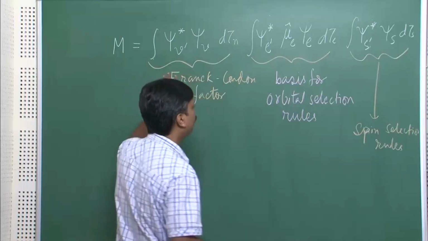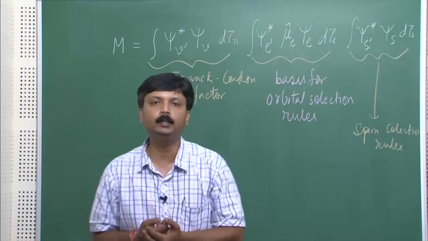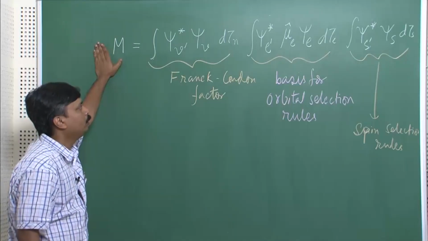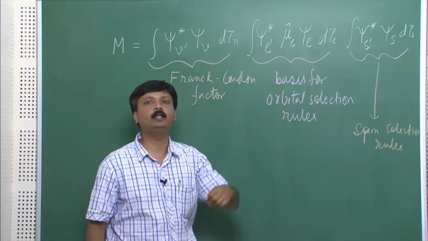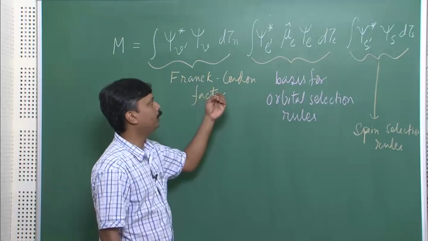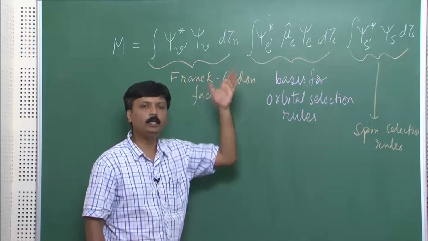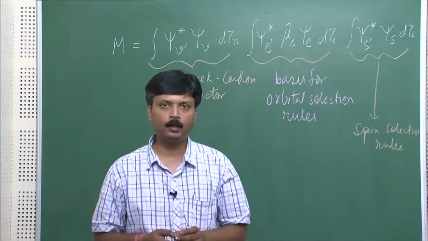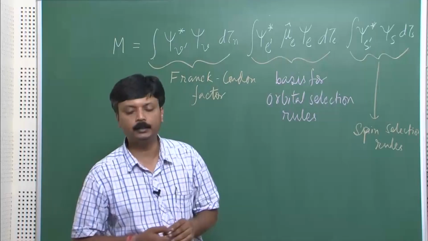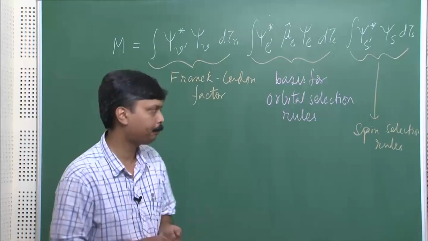Before going into detailed discussion about these individual three integrals, since this is my overall transition moment integral, the allowedness of an electronic transition will be affirmative if the overall integral is non-vanishing. Otherwise, if any one of these integrals is 0, then the corresponding transition will be forbidden.